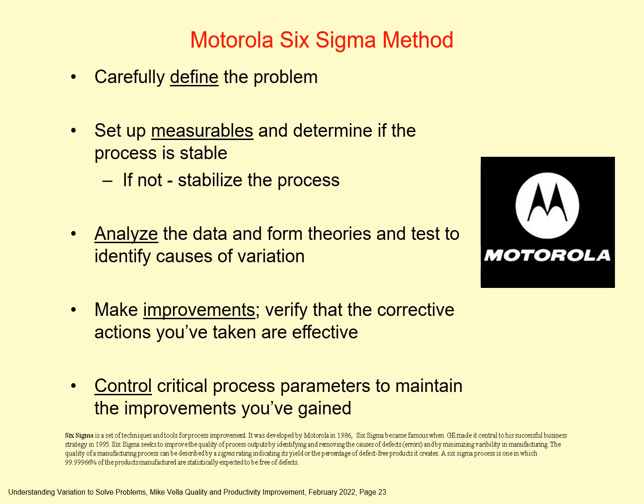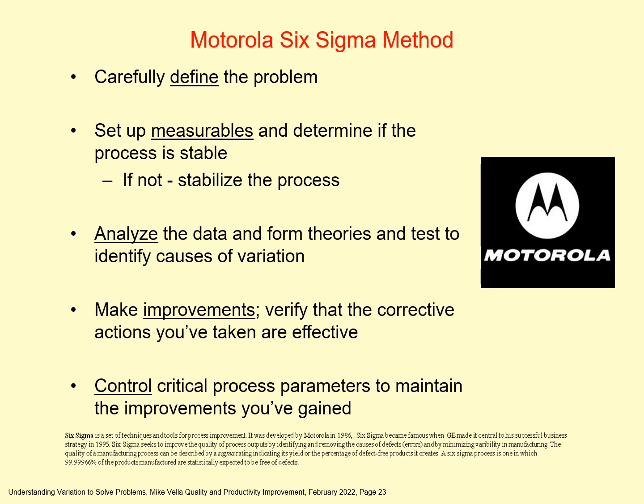Their process is to carefully define the problem. Sound familiar? Set up measurables and determine if the process is stable. Not too much different than the Juran and Bajaria method when they're talking about understanding the process and stabilize. Analyze the data and then form theories and test the theories to identify causes of variation. Back to the special cause, common cause variation idea.